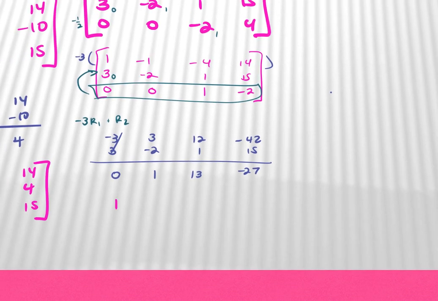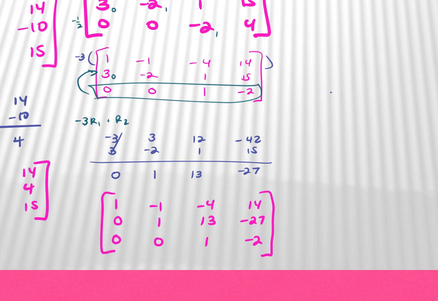So row 1, 1, negative 1, negative 4, 14. Row 2, 0, 1, 13, negative 27. Row 3, 0, 0, 1, negative 2. Do I have a diagonal of 1s? Do I have zeros below? So this is in row echelon form.